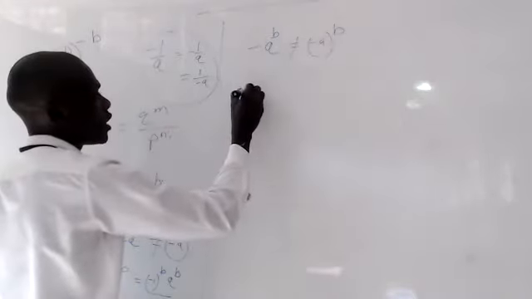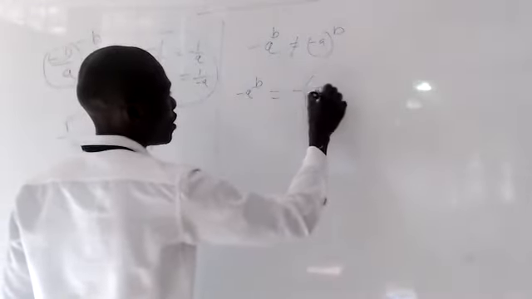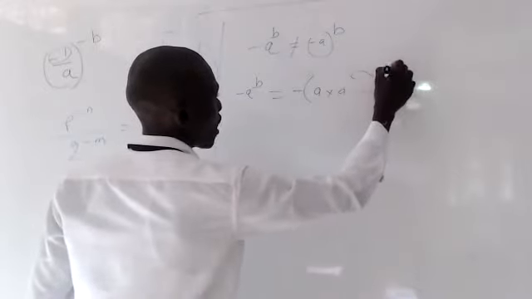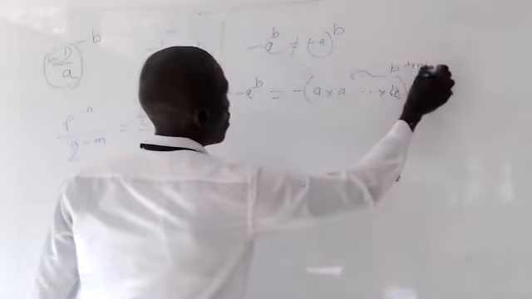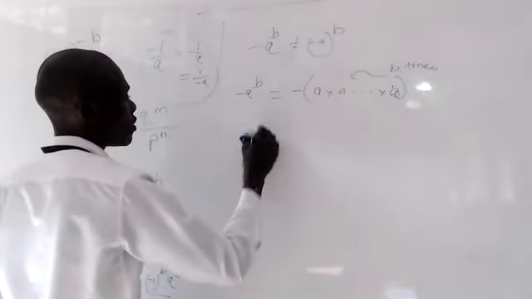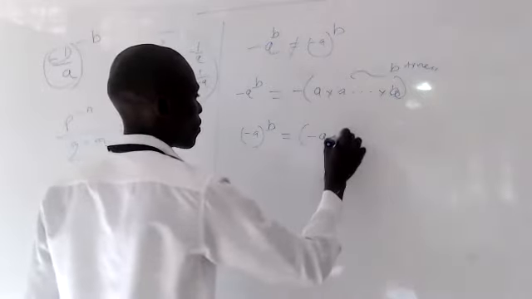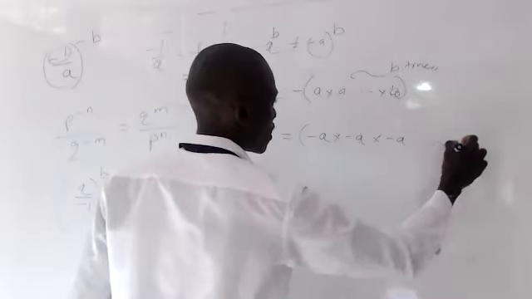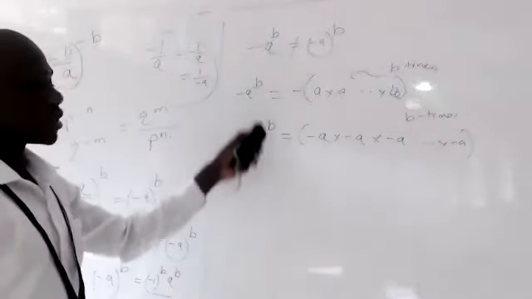So when you write the negative of a raised to b, you take a and raise it b times. But for the second one, (-a)^b, this means you're taking negative a times negative a times negative a, and you do that 3 times. So these are two different numbers.